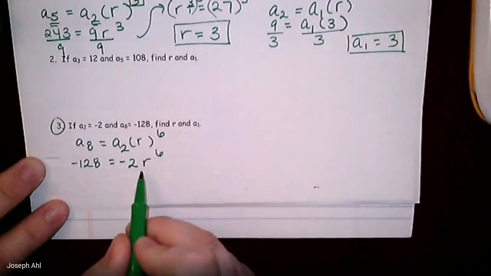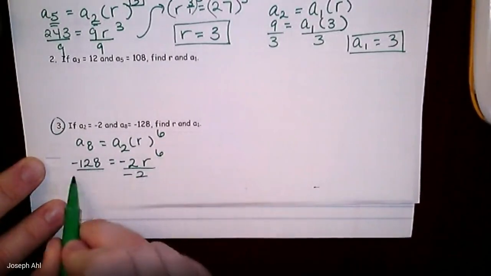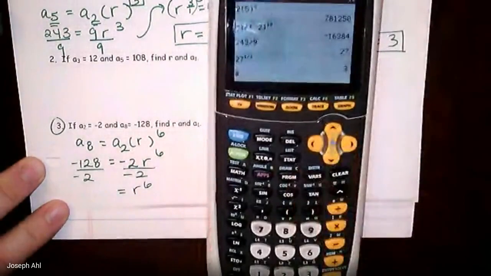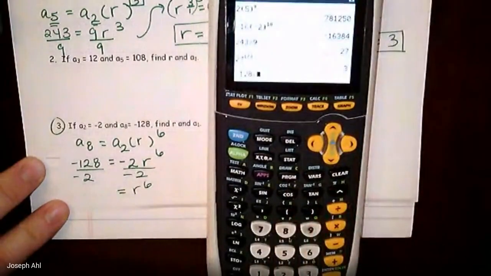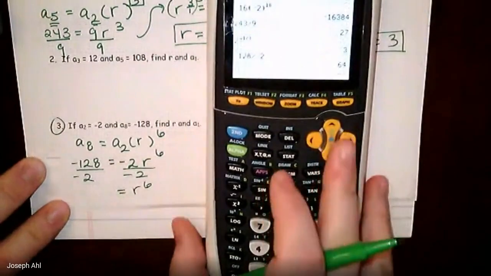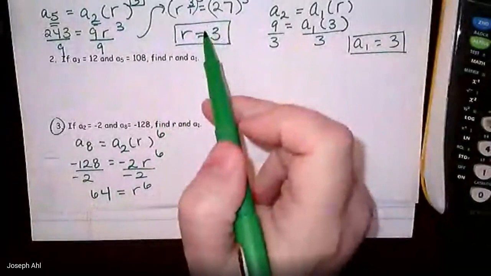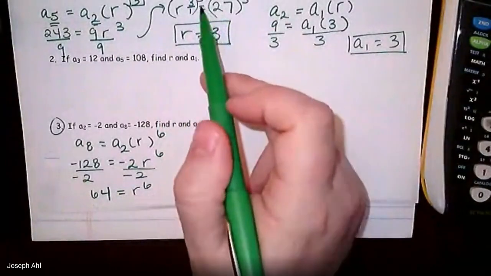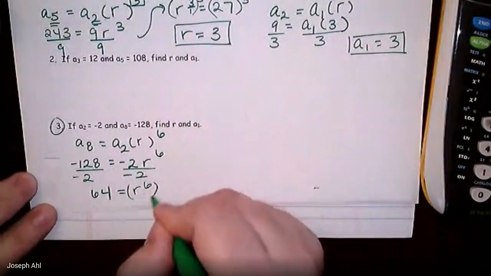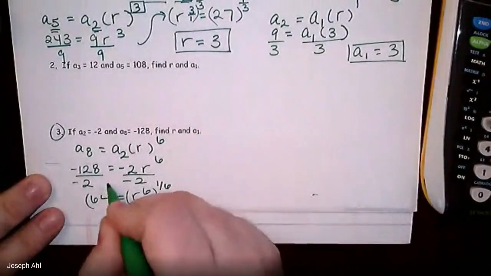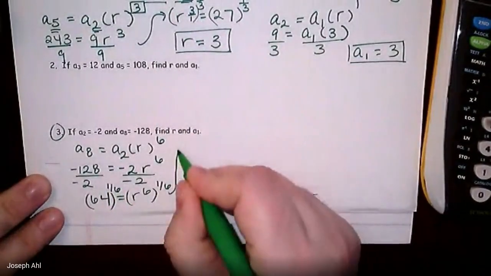So in this case, to solve for R, divide both sides by negative 2 to get that R to the 6th equals negative 128 divided by negative 2, which is 64. And just like up in this question up here, how did I get rid of the third power? I raised both sides to the 1/3. Well, if I want to get rid of the sixth power, I'm going to raise both sides to the 1/6.